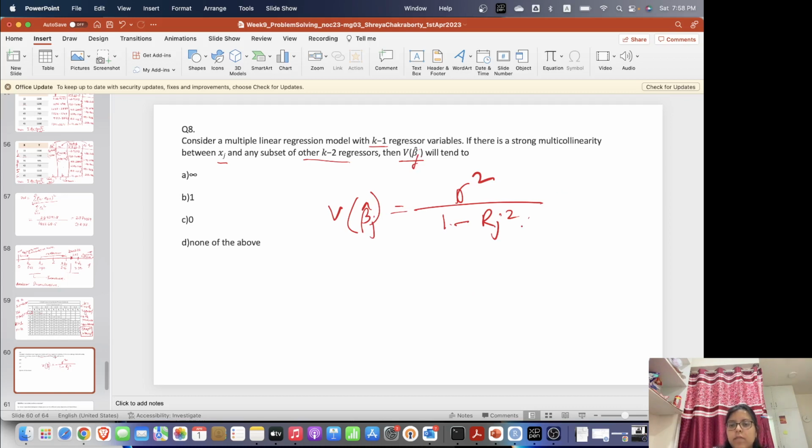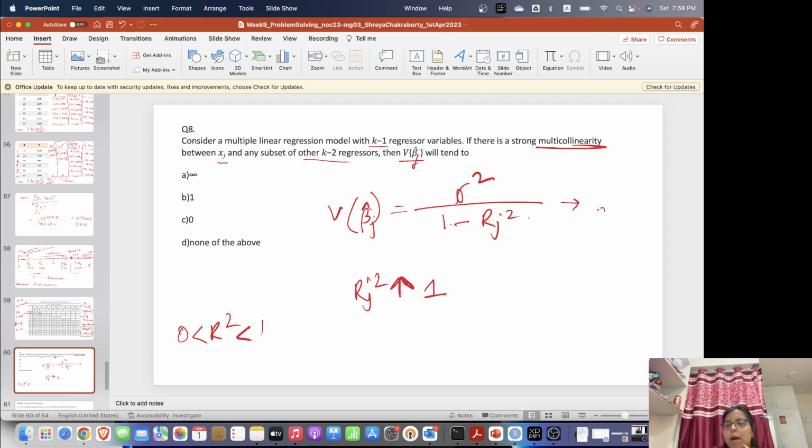So here as rj square increases, strong multicollinearity means rj square will increase. It will move towards 1 because the multiple correlation coefficient will always range between 0 and 1. As there is strong multicollinearity, this will move closer and closer to 1.